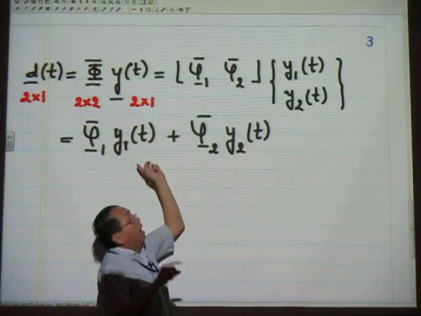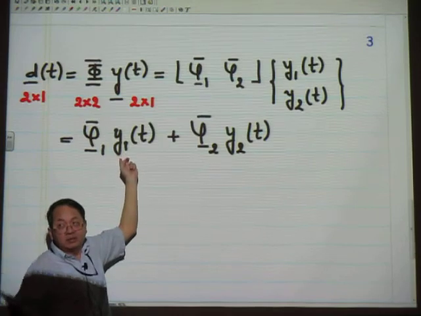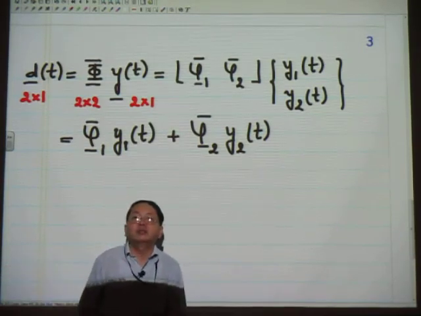The unnormalized eigenvector was given. All you need is to normalize it. That's it, and then you combine and get the displacement.